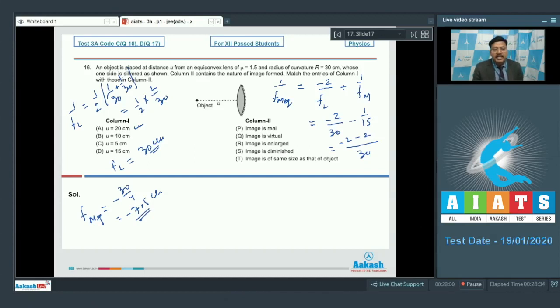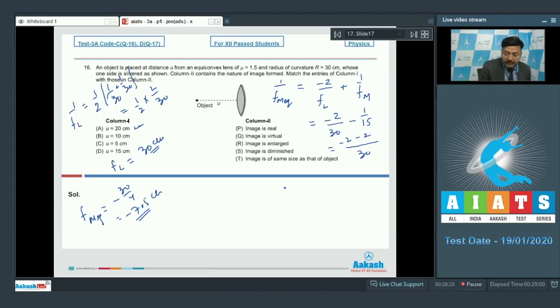We simply say it's beyond C, right? C itself is at a distance of 2 times f, where f we are taking the modulus of the focal length, then the image is real and it's also diminished. So for A, image is real and diminished.